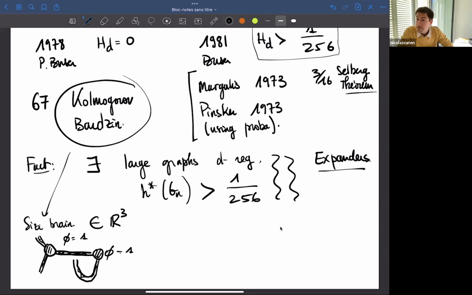Now you want something very connected, right? You want a brain that functions very well, so you want the connections between neurons to be fast. And so you will build a graph like that. G_n will be your brain, and G_n will be an expander.